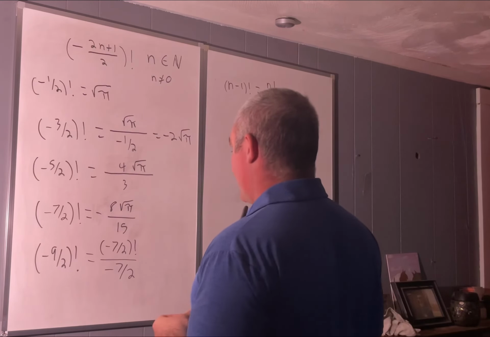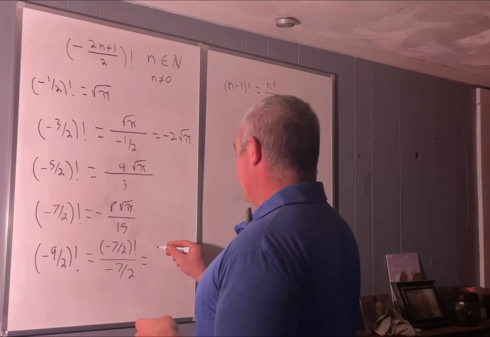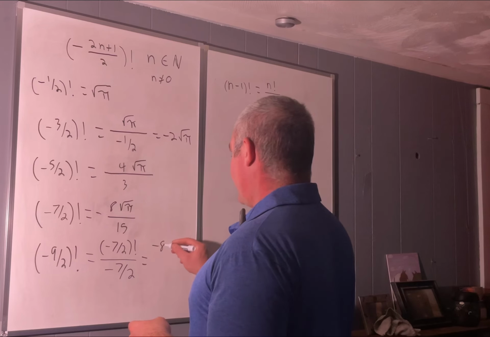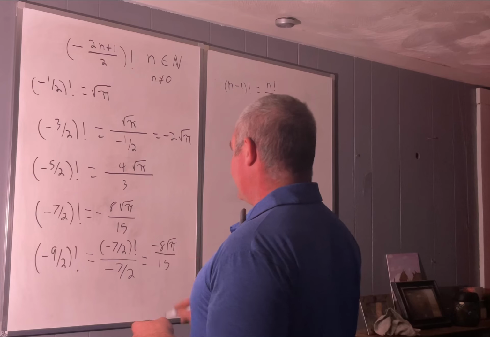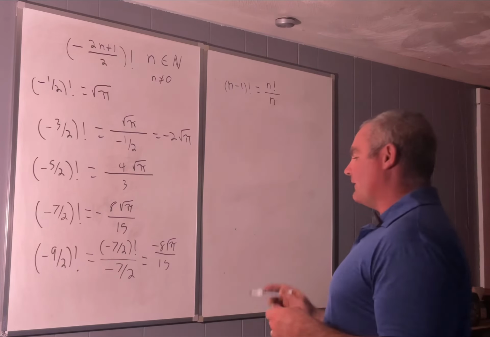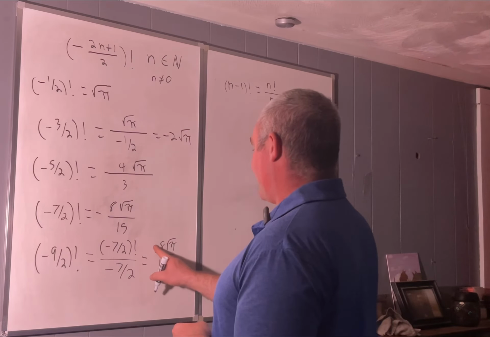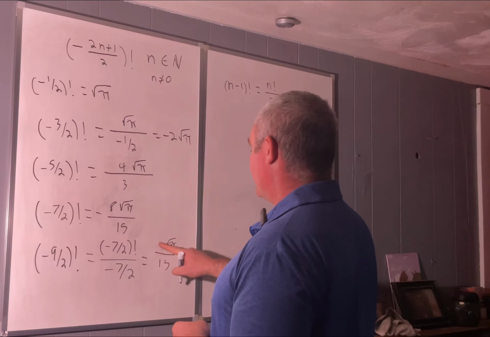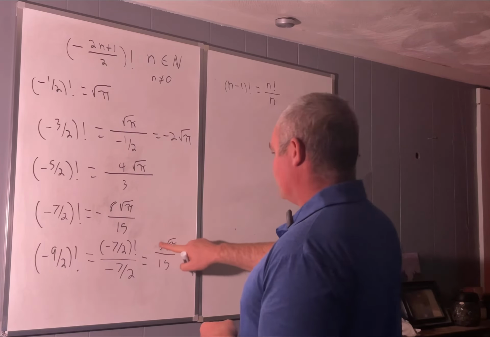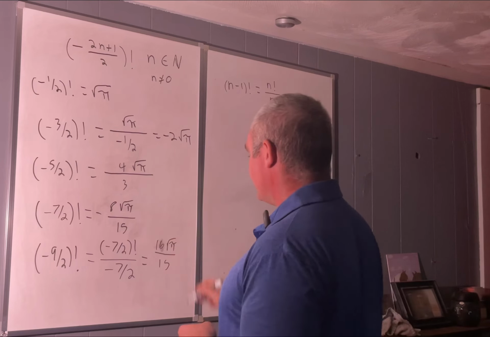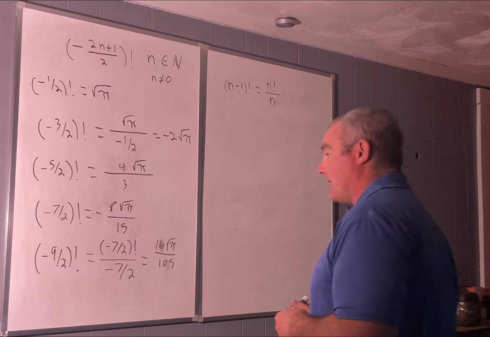Well, our negative 7 halves factorial is negative 8 square root of pi over 15, divided by negative 7 halves, or times negative 2 over 7. That's a 16. And then this would become a 105. And that's enough to find our pattern.